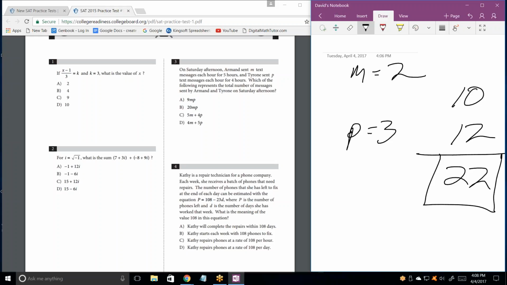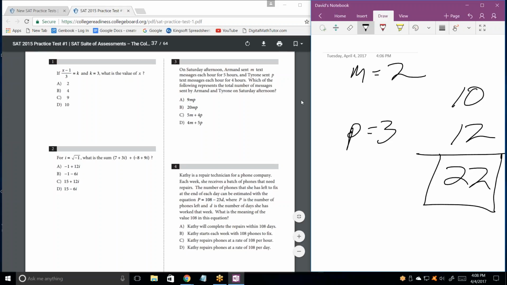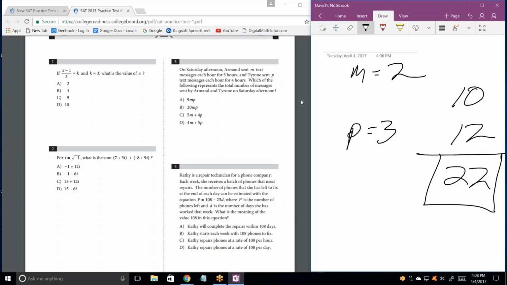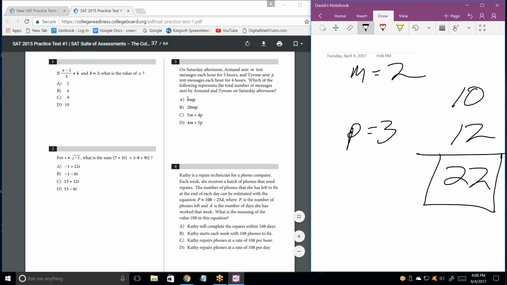22, right? Now, if we go through each answer and plug in 2 for M and 3 for P, which one is 22? Notice that the first one is 54. That's not right. The second one is 120. That's not right. The third one is 10 plus 12, 22.